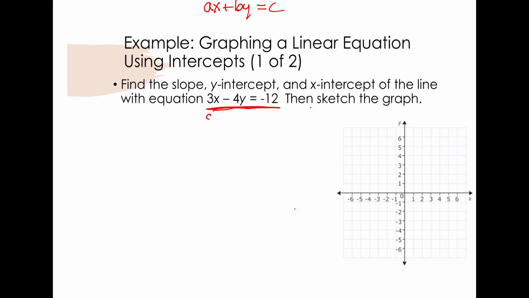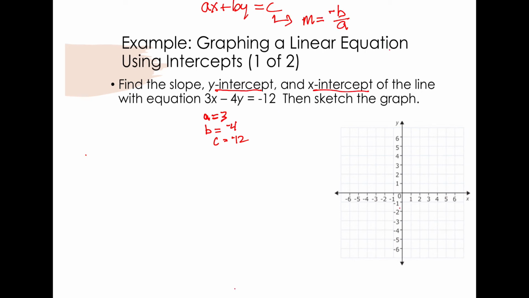So in this case, a is equal to 3, b is equal to negative 4, and then my c is negative 12. When it's in this form, one of the easier strategies is to find the intercepts of the equation. Graph it by finding the intercepts.